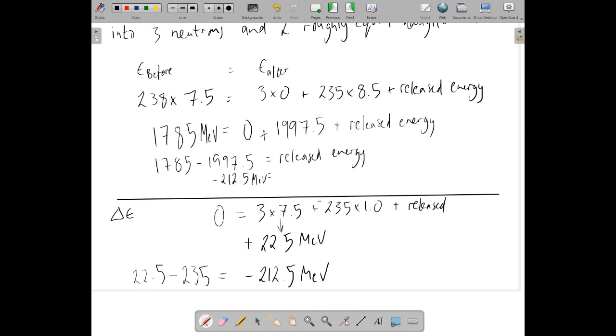So it's the same result, but looking at it a different way in saying, what is the change in binding energy per nucleon? And I don't think really it matters which way you do it, because it's the same ideas and the same answer, so the same physics.